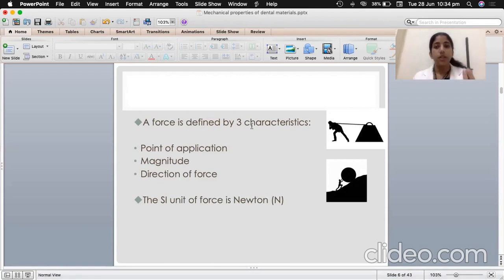If the bottom part of the pen is fixed to a certain object, the force you apply at the tip, middle, and bottom will produce different movement each time. That is point of application of force. Depending on the force, the movement will be different.